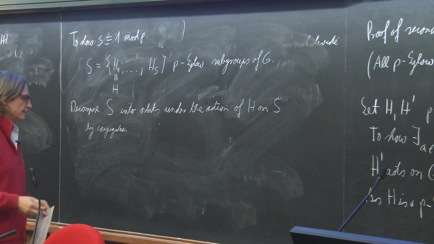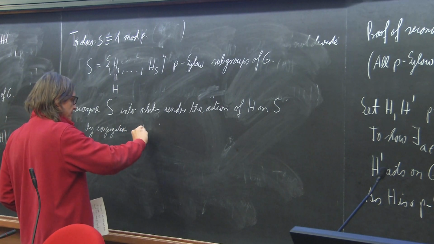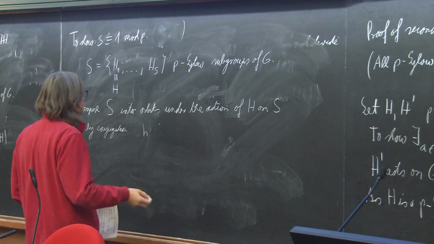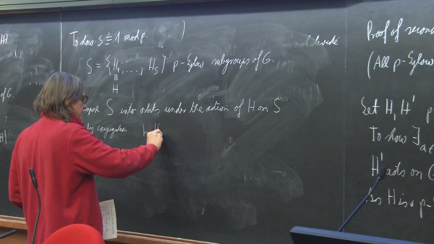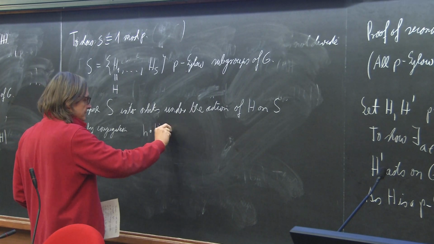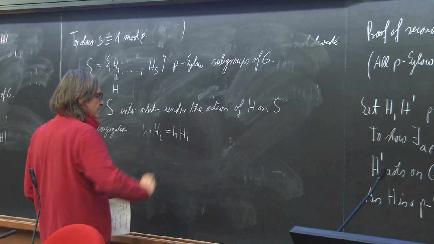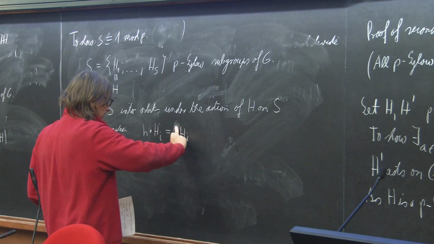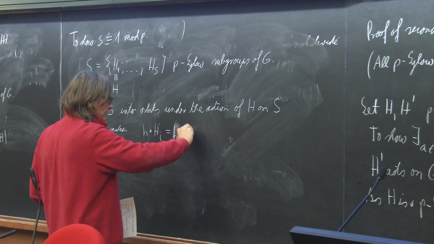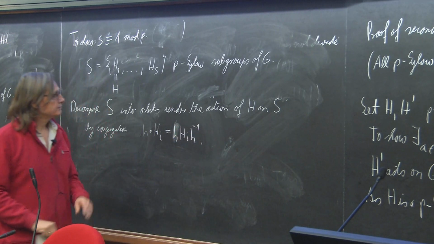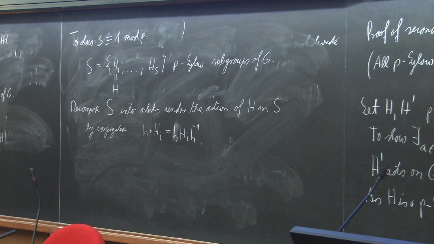That just means that if I take h times one of these Hi, this is h Hi h to the -1, and this will possibly be another one. Now I want to claim there's precisely one orbit which consists only of one element.